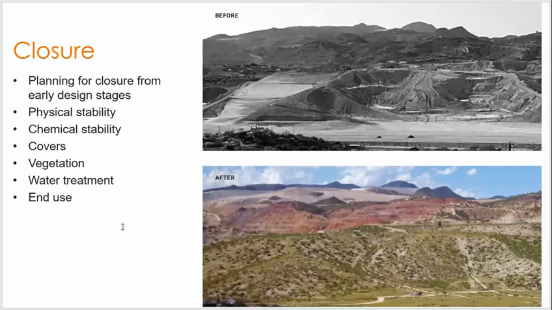And like I mentioned earlier, this is part of the whole design process in today's day and age, and it traditionally has not been. In the past, in the late 1800s or early 1900s, the company would take the minerals that they needed to, and they'd leave it looking something like this.